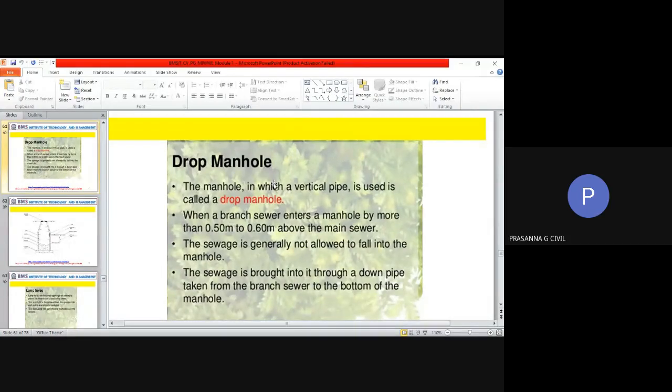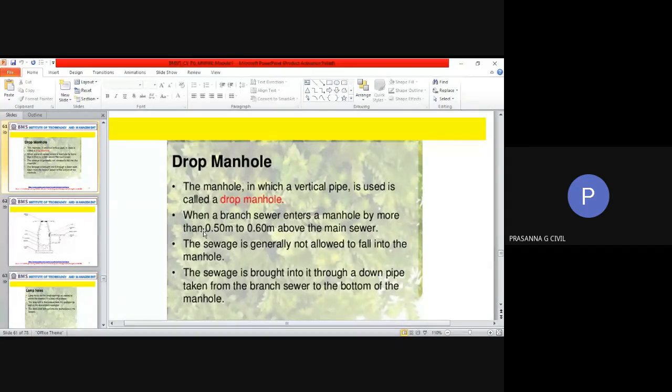A drop manhole is a manhole wherein you require a vertical pipe where the branch sewer enters the manhole at a height greater than 0.6 meters. That means the height difference between the elevation from where your branch pipe is coming and the place where your main sewer is, is larger.